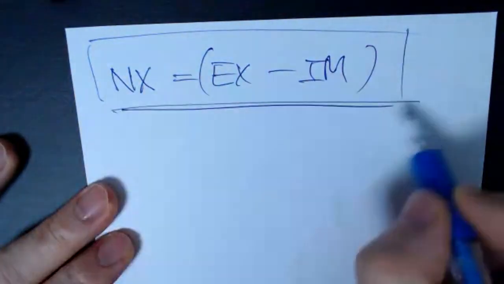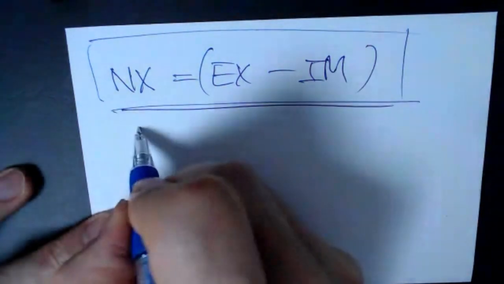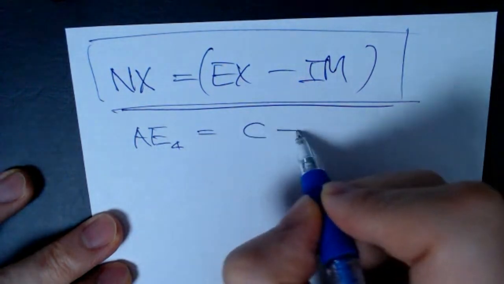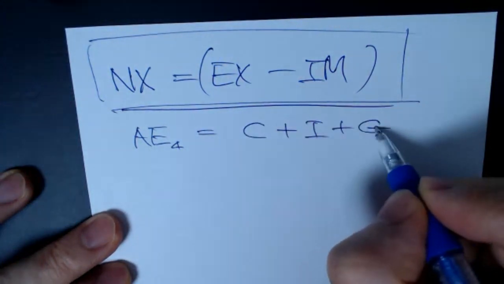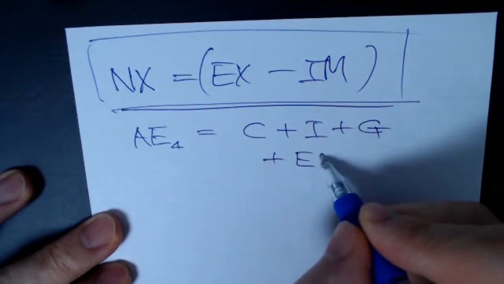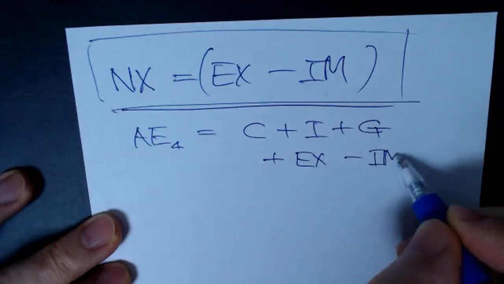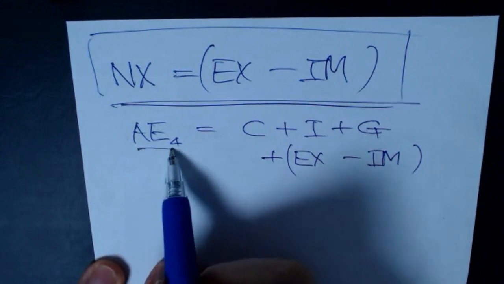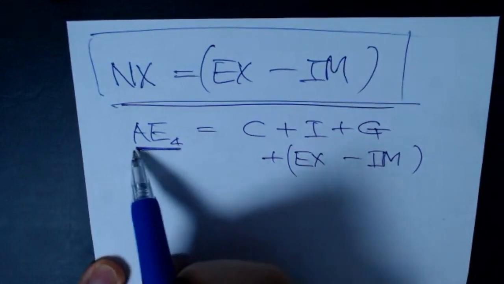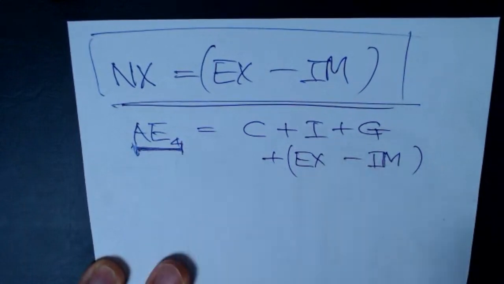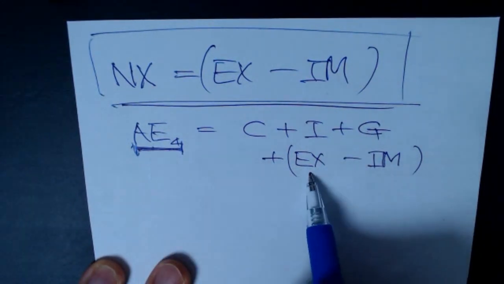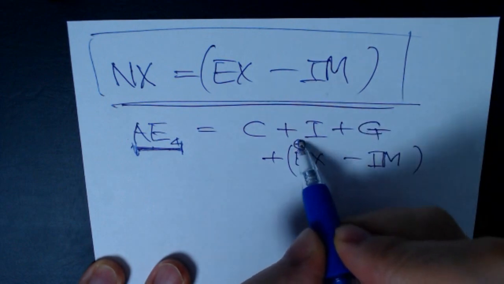So when we have net export like this, aggregate expenditure now for the four sectors is C plus I plus G, and then we have X minus M. This tells us that the aggregate expenditure of the economy will increase when Vietnam exports more and more, because we have a positive sign.